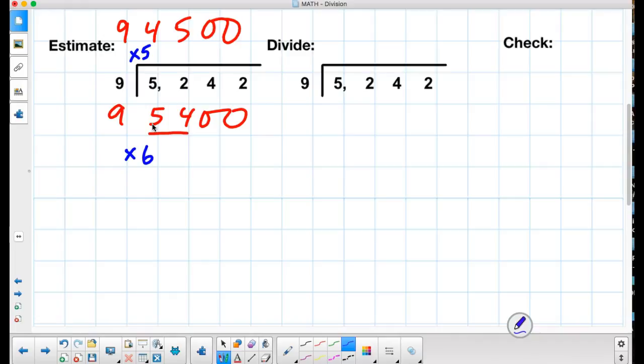Is 4,500 closer to 5,240, or is 5,400 closer? Which is it? What's closer? James, Tanya, what's closer, James? Please. Clear. All right. So the correct estimate really was this.